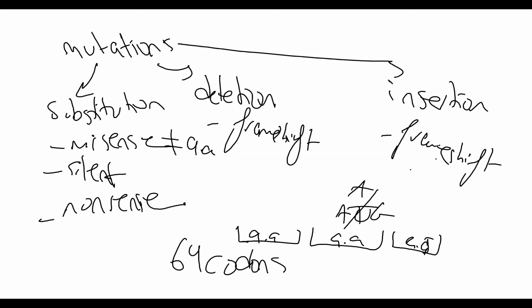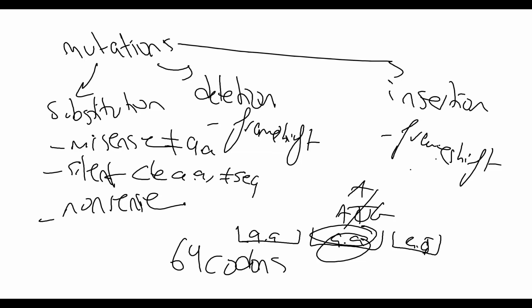However, the silent mutation does not change the amino acid, but it changes only the sequence of the bases. So the sequence of the bases is changed, however, the amino acid is still the same. Same amino acid, but different sequence.